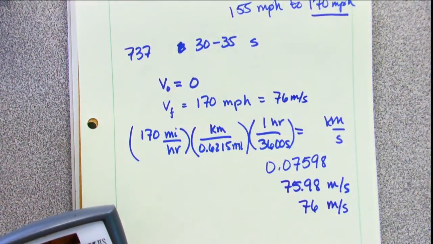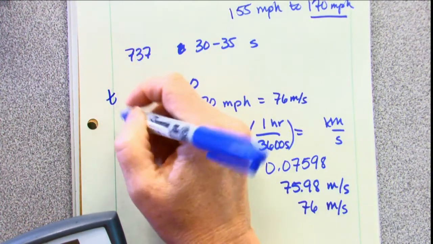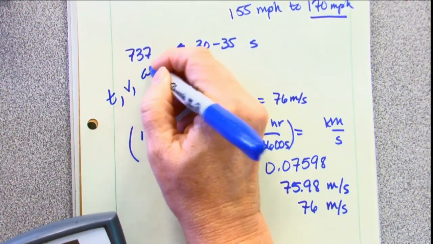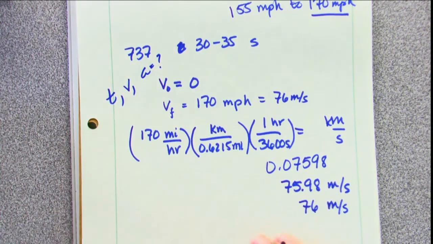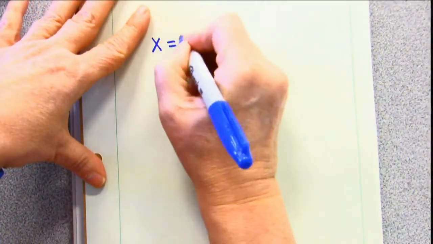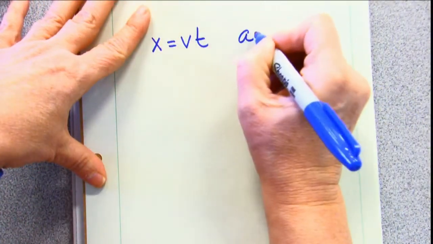So the variables I have are time and velocity, and I want to know acceleration. So let's look at my kinematic equations that I have readily accessible. I have that position is equal to velocity times time when acceleration is equal to 0.